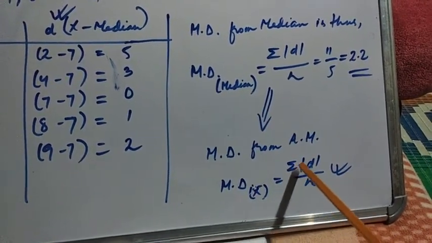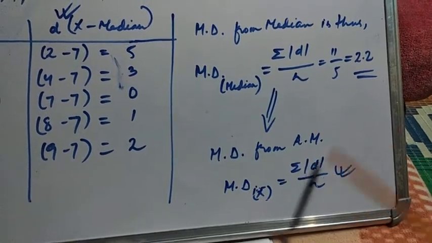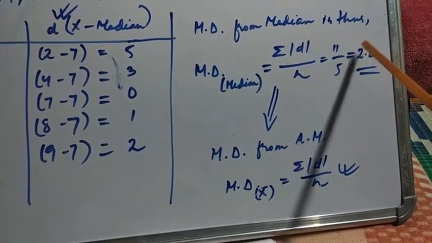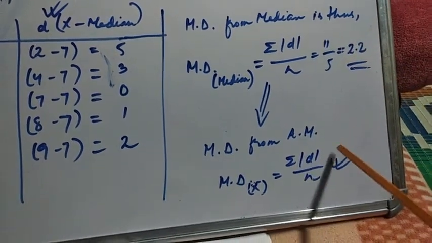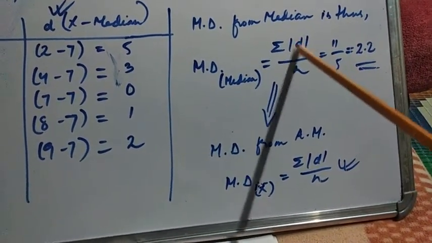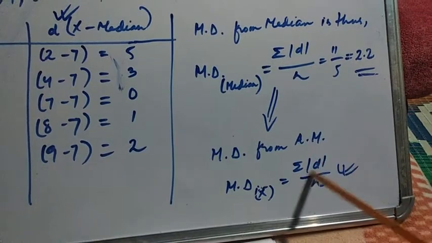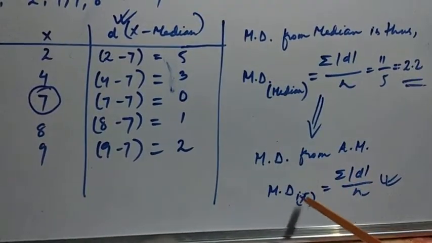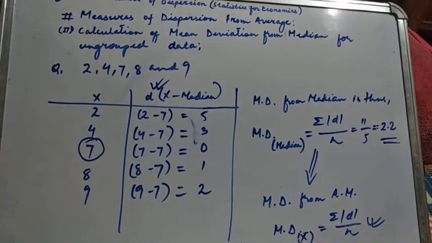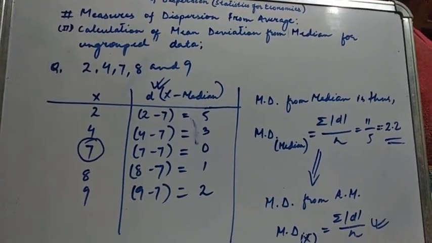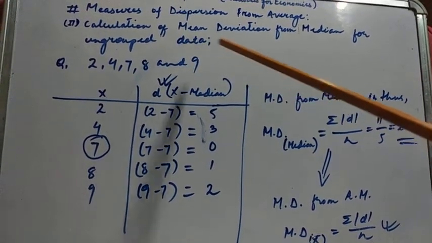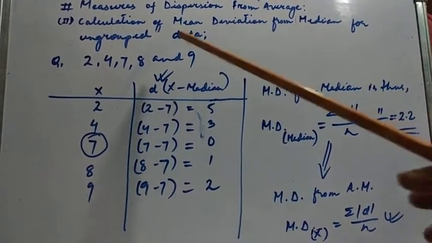Earlier, though it is the same formula, we got a different value. Earlier it was 12, that is why we got a different value, and here we get a different value. Though the symbol in the formula is the same, the value will be different when it comes to median and arithmetic mean. So that is for ungrouped data, calculation of mean deviation from median. Earlier it was mean deviation from arithmetic mean for ungrouped data.